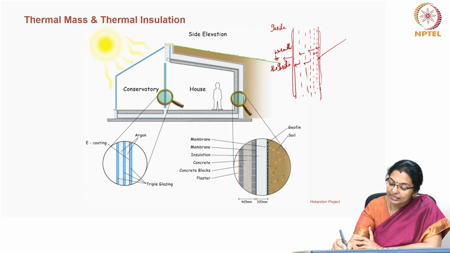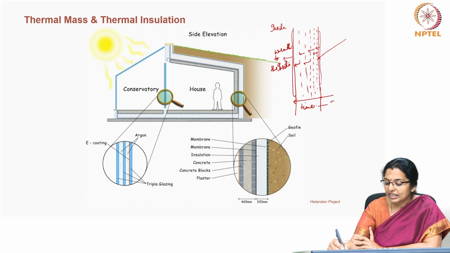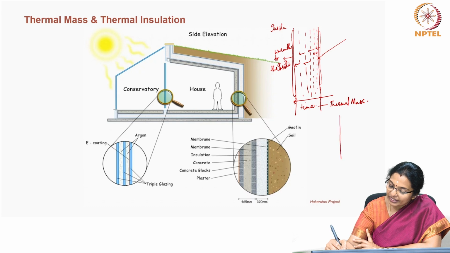heat reaches the inside. So, what is the time? That depends upon the thermal mass. If you have a very thin wall, the heat from outside will reach inside in say X hours.